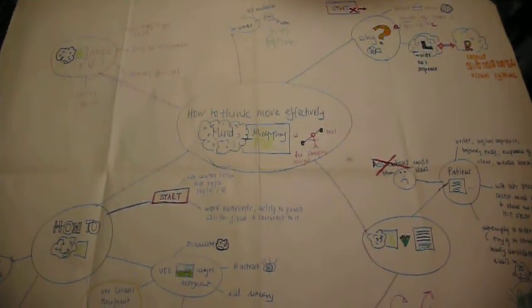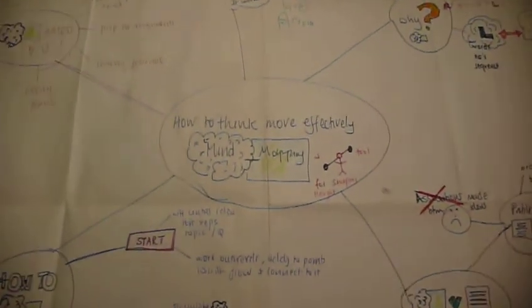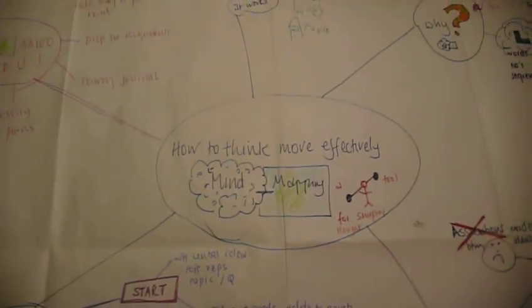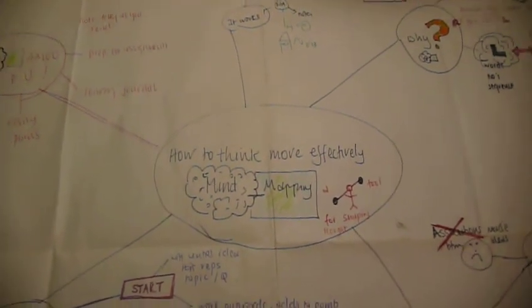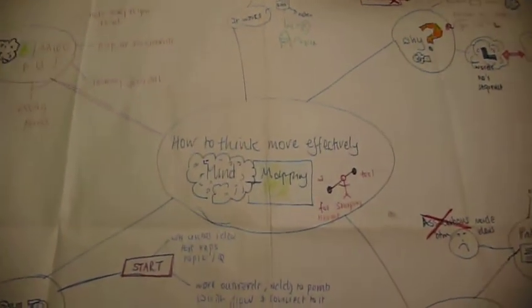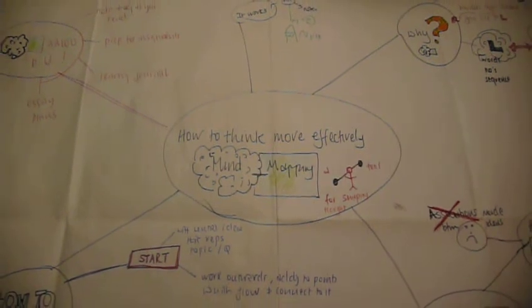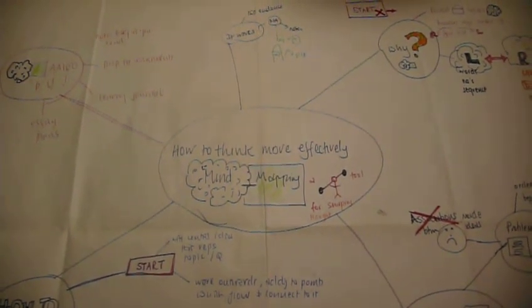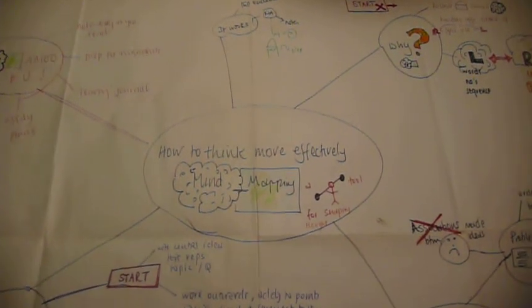Alright, so we always start when mind mapping in the center of the paper. I use A3 or bigger, and the page is, as you see, set out landscape. So your central image there, it's a circle, and in that central image you put the question or the topic under discussion.